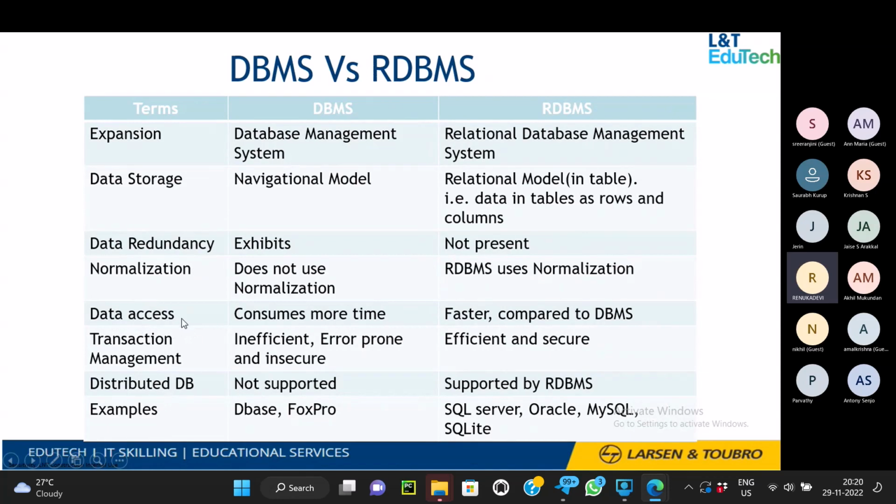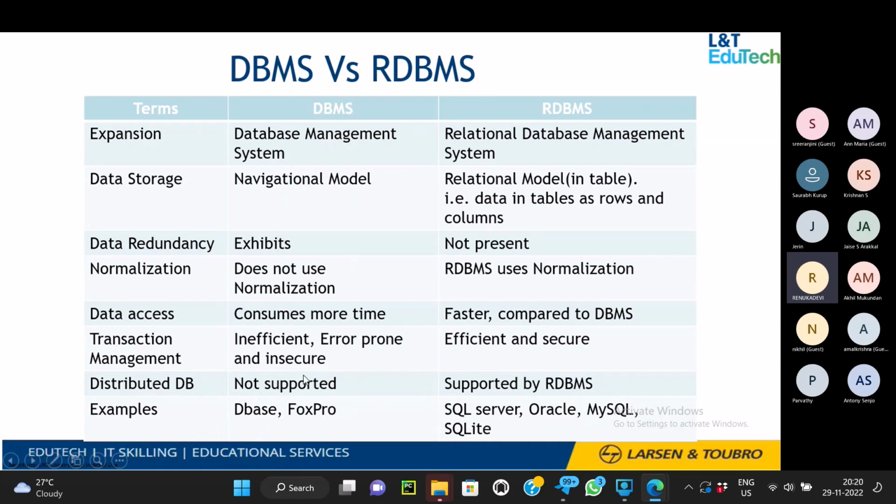Okay, so data access in a traditional database management system consumes more time, whereas in a relational database management system it is faster. Transaction management is inefficient in DBMS, whereas in RDBMS it is efficient. Distributed DB is not supported in DBMS, and it is supported in a relational database management system.